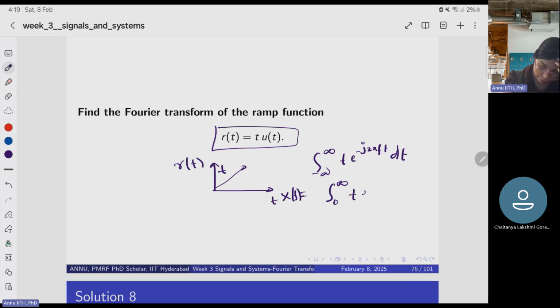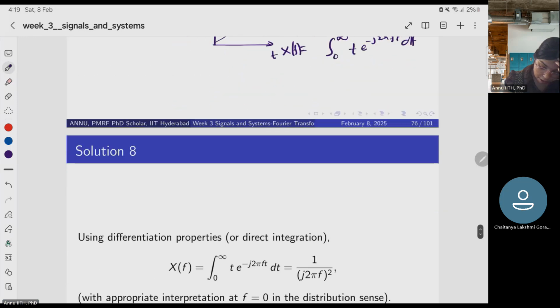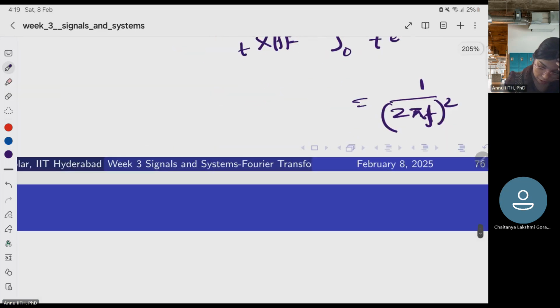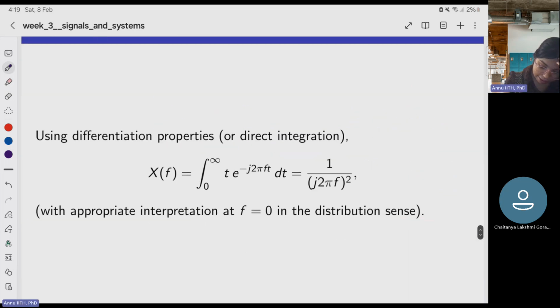So the integral of t e^(-j2πft) dt. This direct integration leads to 1 upon (2πf) squared.